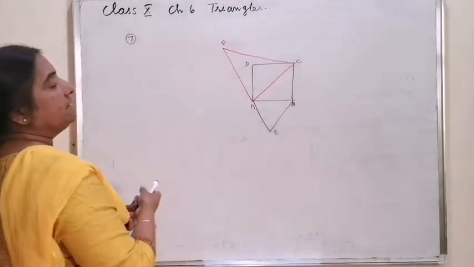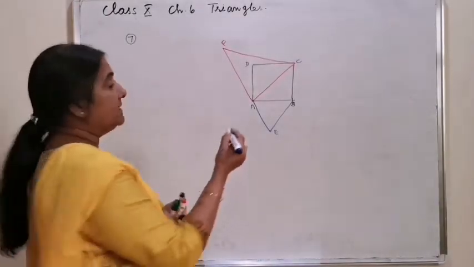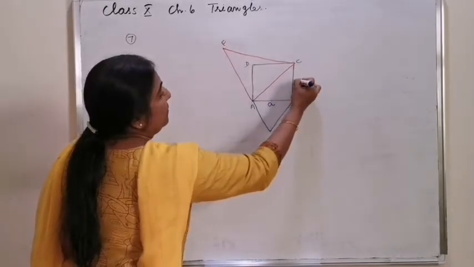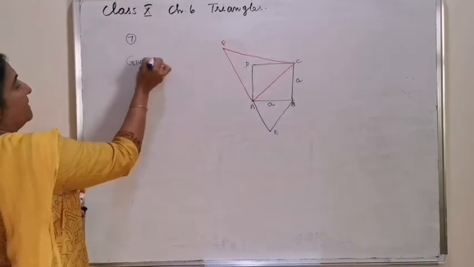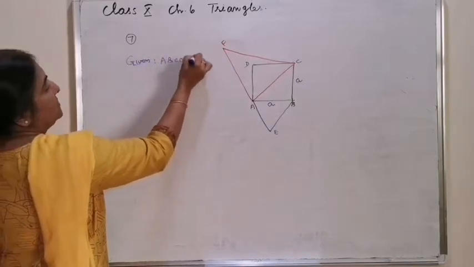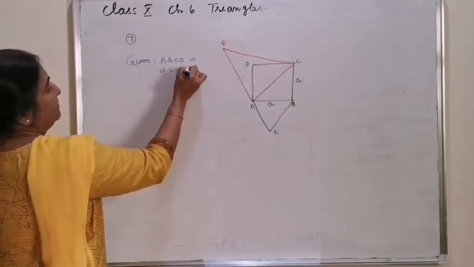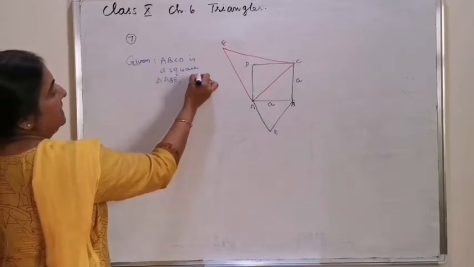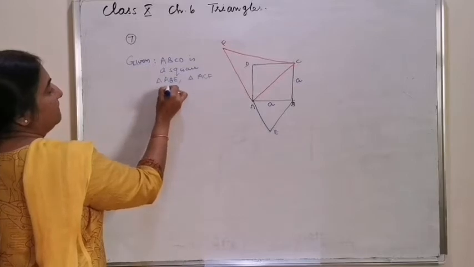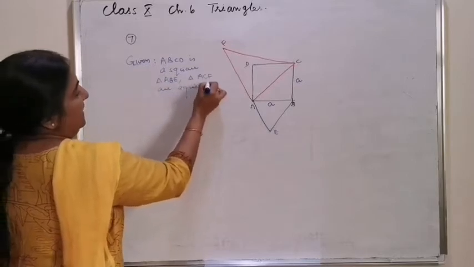It is given that ABCD is a square. Let the sides be all of measure A. So given, ABCD is a square, triangle ABE, triangle ACF are equilateral triangles.